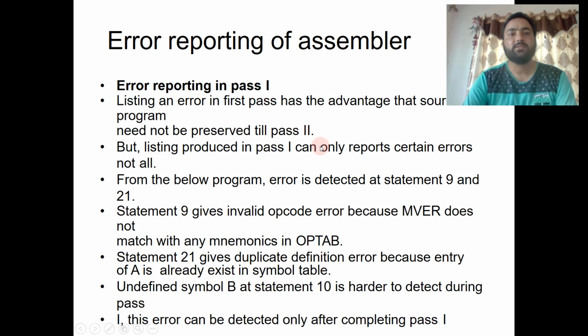Then when we are translating, there might be some errors that are reported in the program by the assembler. So this is the list of errors that are reported in pass 1 of the assembler.